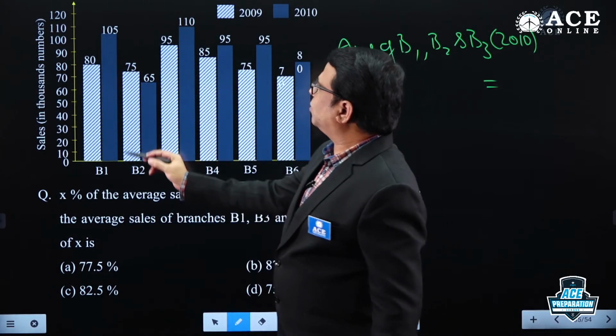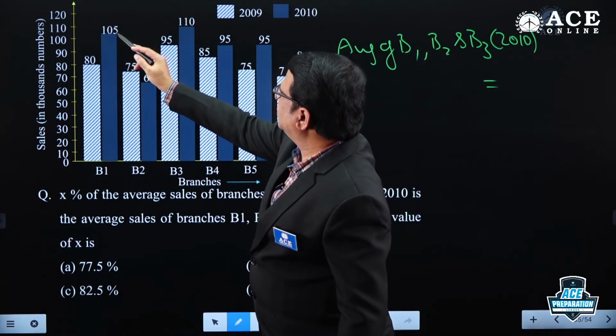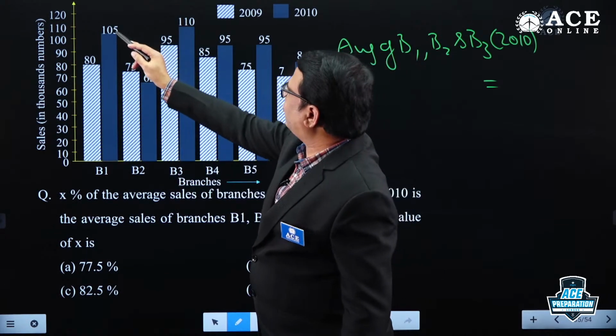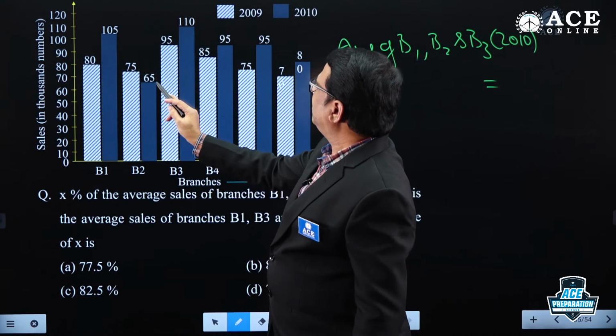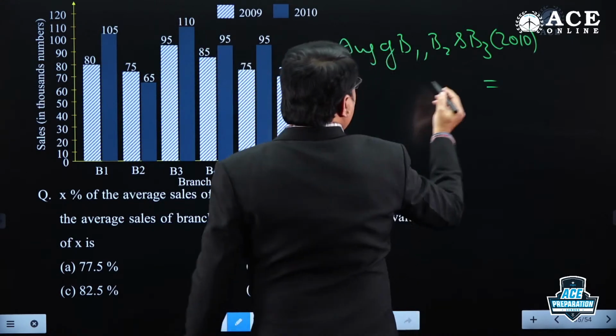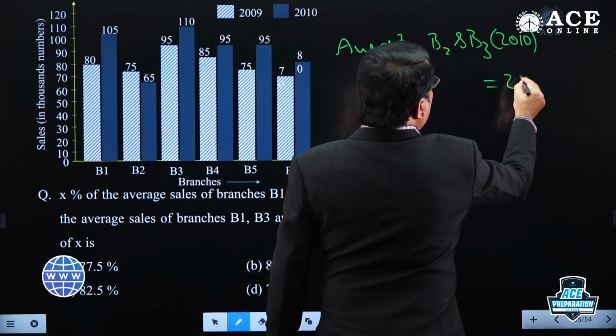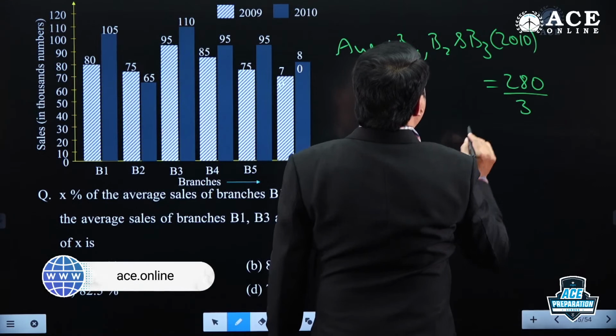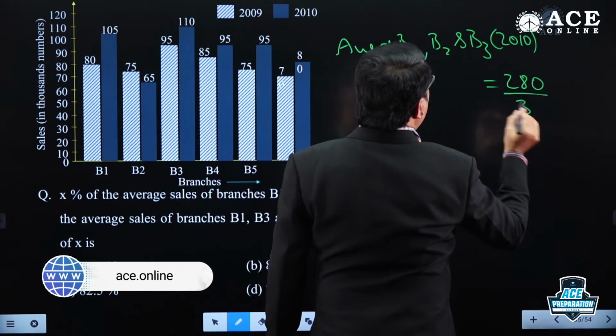So B1 in 2010 is 105 and B2 in 2010 is 65. So 105 plus 65 is 170. 170 plus 110 is 280. Total is 280. Average means 280 divided by 3. So this is the average of B1, B2 and B3.